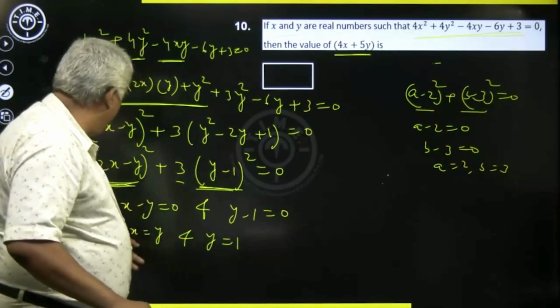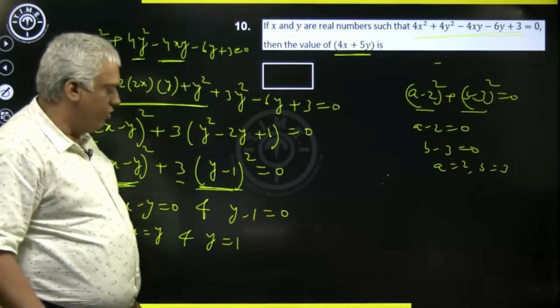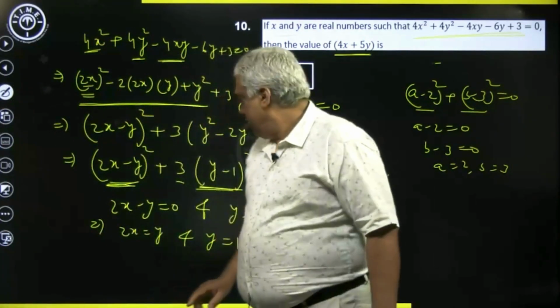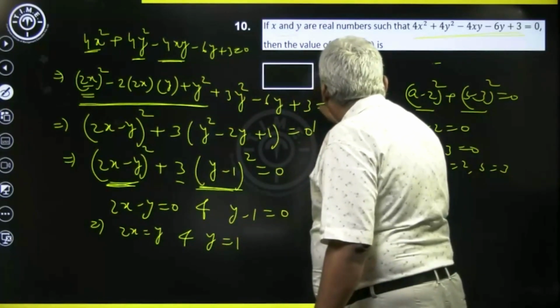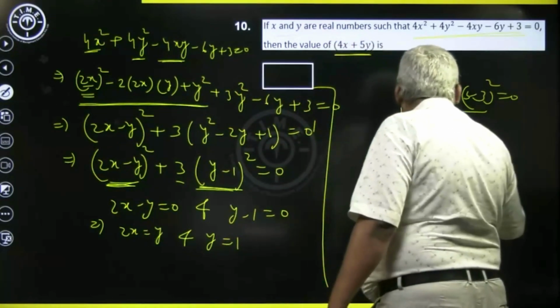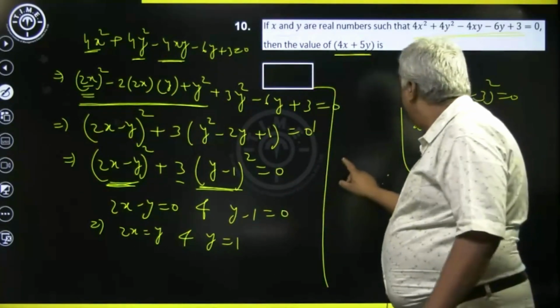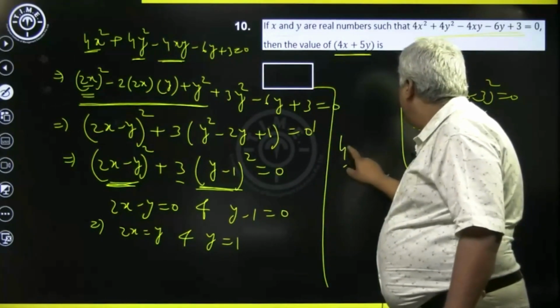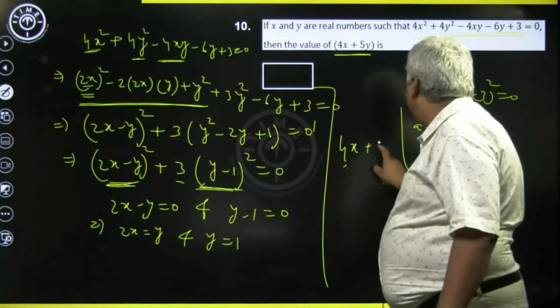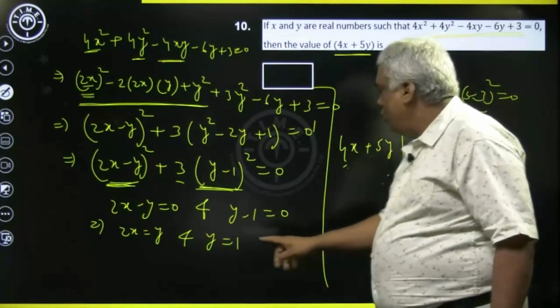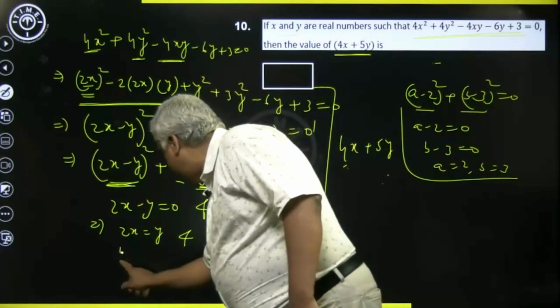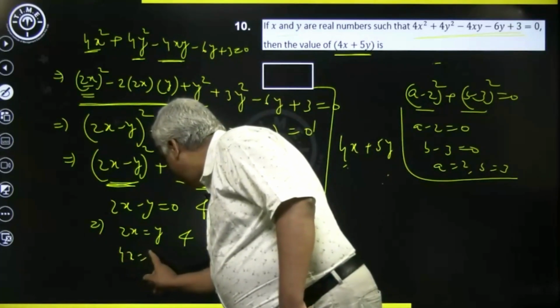So, here we can put y = 1 and get the value of x also. Now, what are we supposed to find? We are supposed to find 4x + 5y. Now 2x is y, so 4x is double it, 2y.